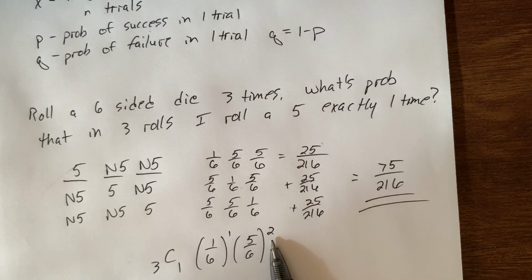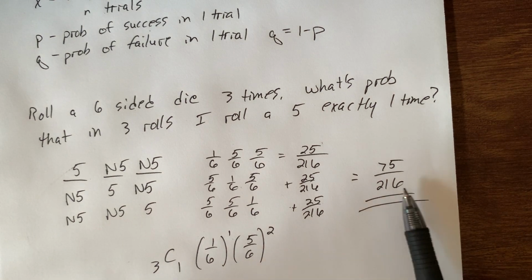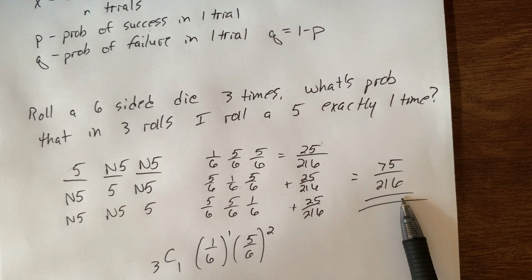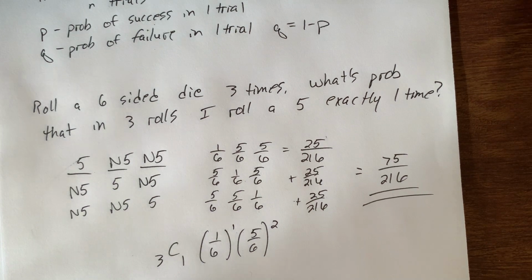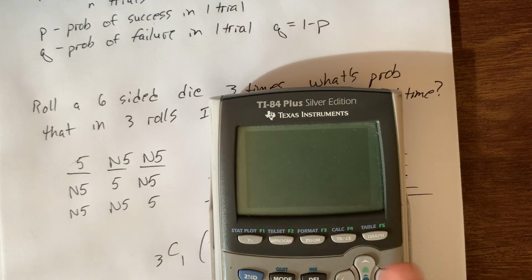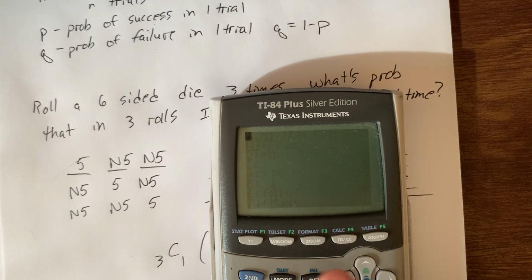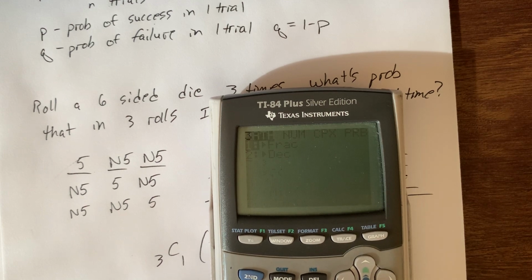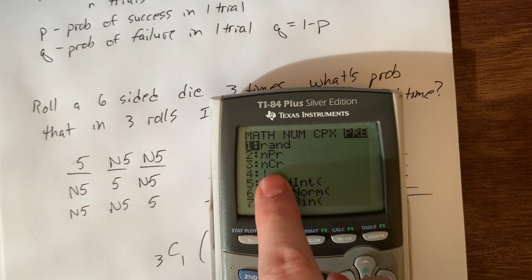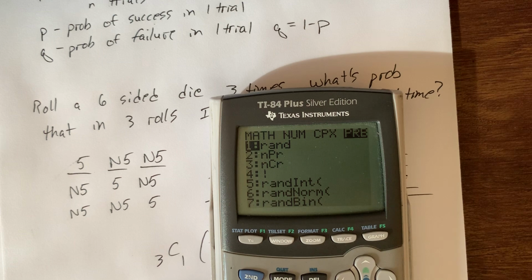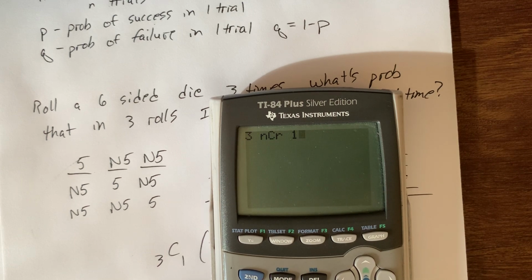And now this certainly, if you're going to use your calculator, we can convert back to having this fraction. But if we put this in the calculator, let me start off with the 3, math, to the PRB to get the nCr button. 1 times 1 divided by 6 to the first power times 5 divided by 6 to the second power.